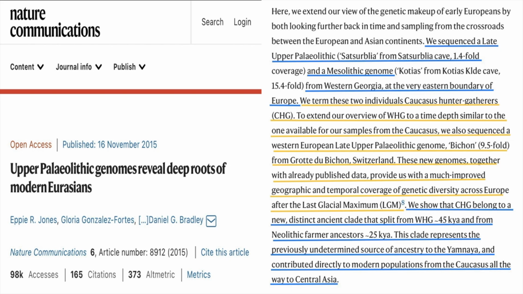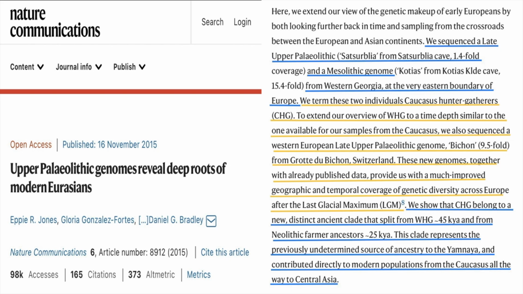These new genomes, together with already published data, provide us with a much improved geographic and temporal coverage of genetic diversity across Europe after the last glacial maximum.